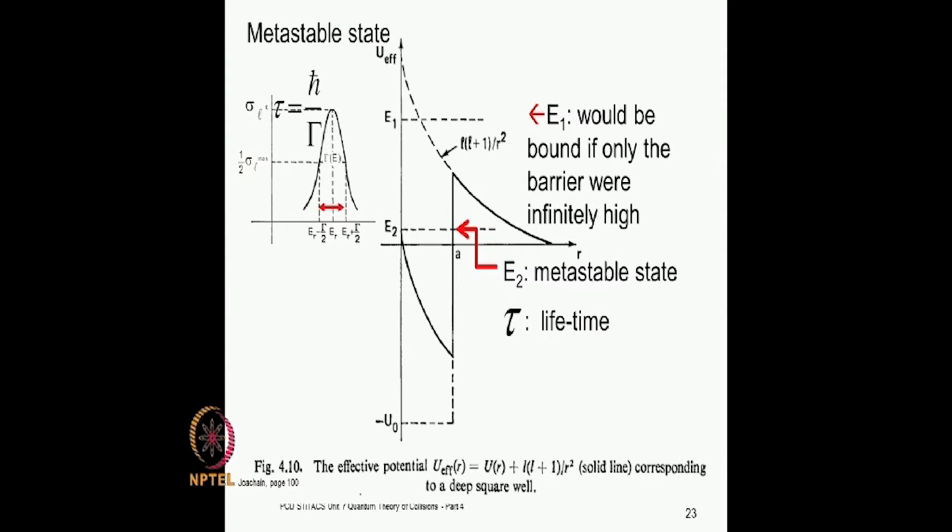So for L not equal to 0, you can have the centrifugal barrier, you can have metastable states in this, and then for L equal to 0 we know that there is no centrifugal barrier because it is L into L plus 1 by R square.